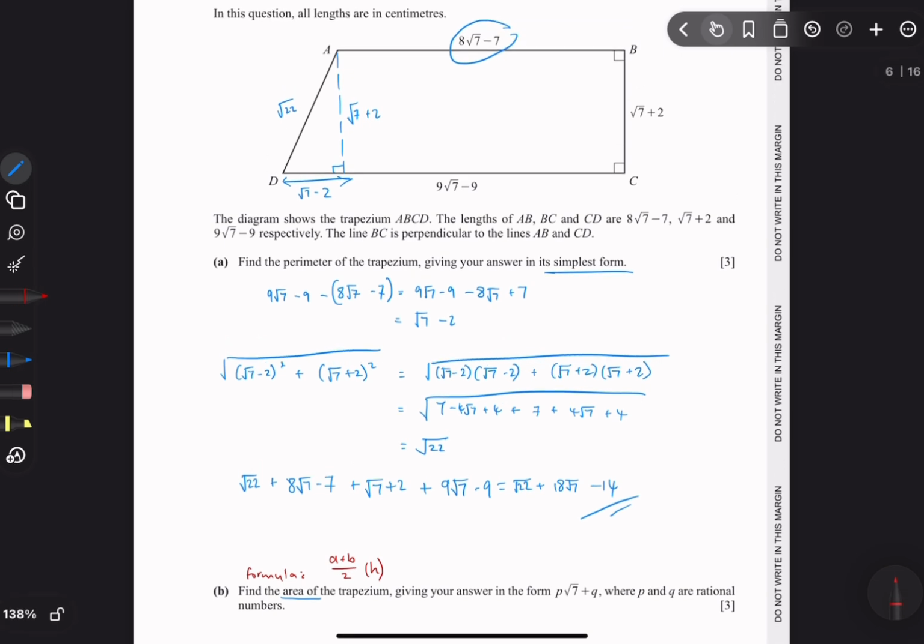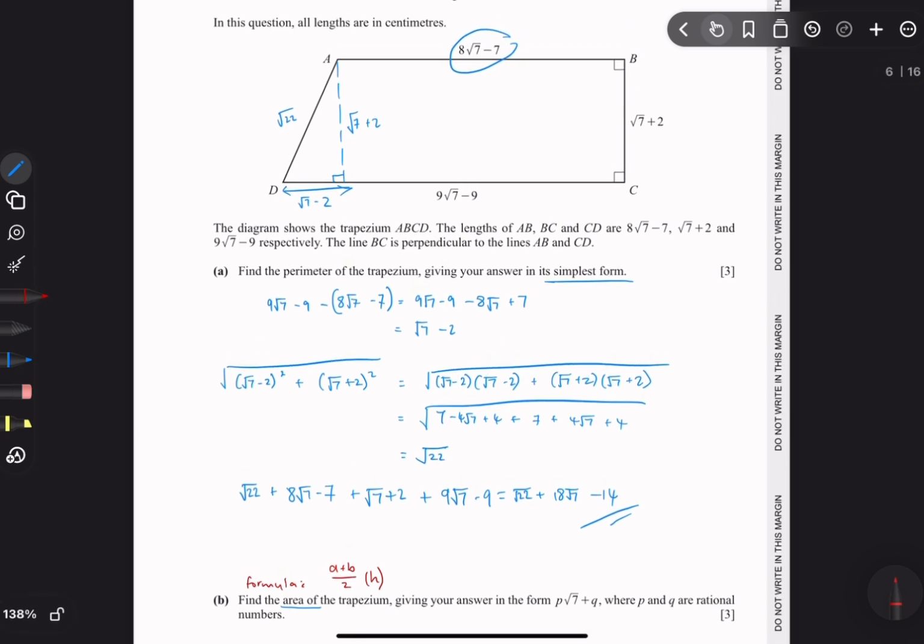Okay, so the formula is referring to A, which is this length, and B, which is this length, and then the height is this. So we can just sub them into the equation.